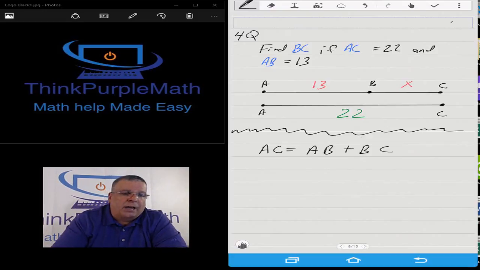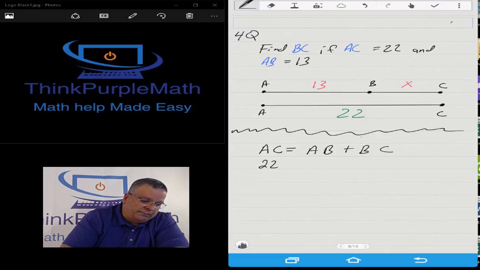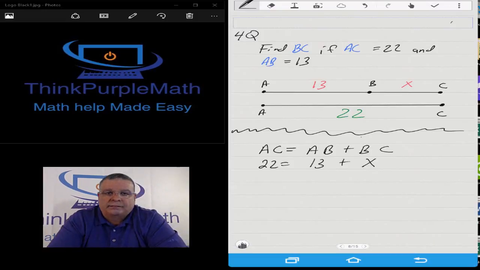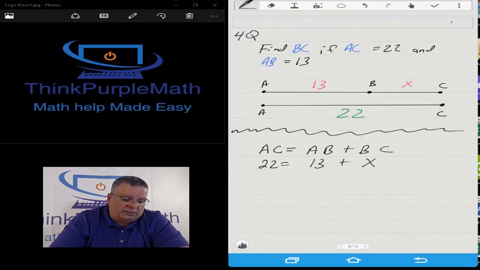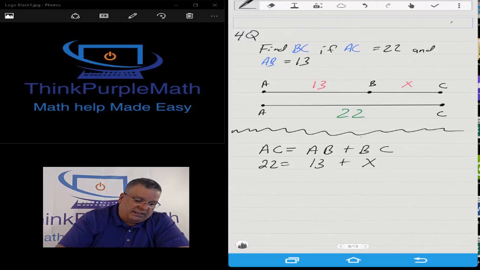And sometimes you'll have X, Y, and Z, and that's the same. These are the letters that are more common, A, B, and C. So AC is 22, AB is 13, BC is unknown, but we're going to leave it as X because it's being represented by X. So we see that 22 is equal to 13 plus X.